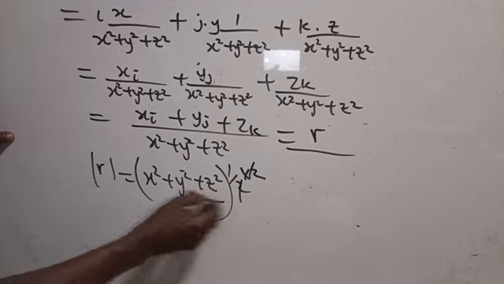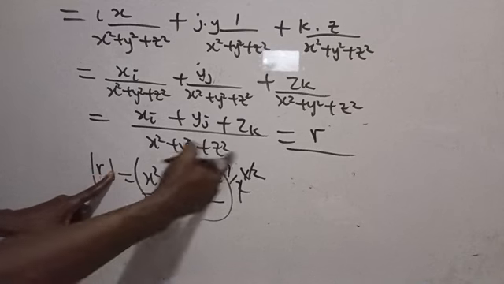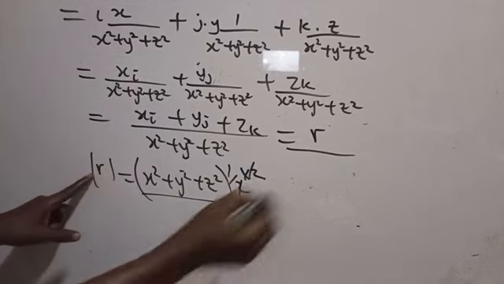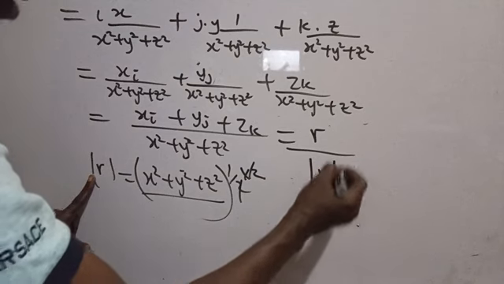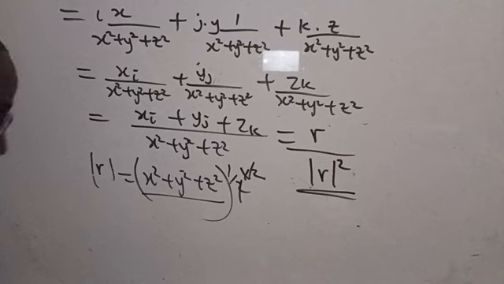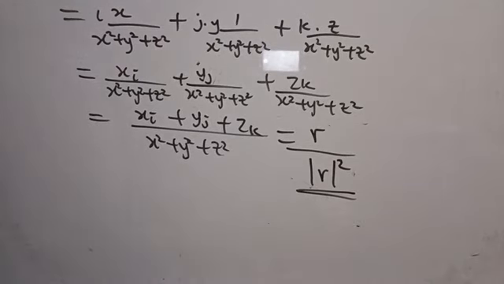So we have this left. So that means if you multiply this modulus of r by 2, it will give us this. So that means we got the modulus of r squared. That's how to get this. I believe this is understood.